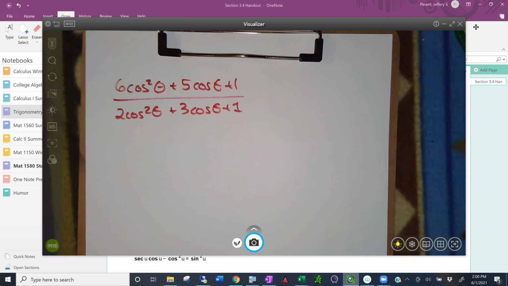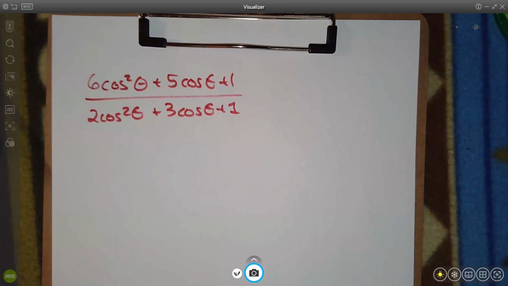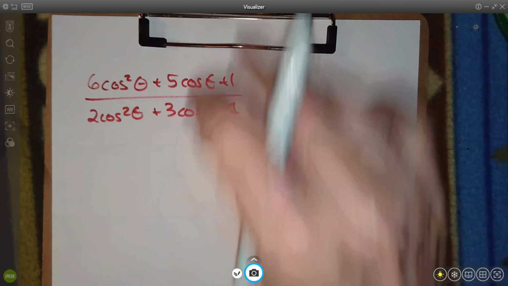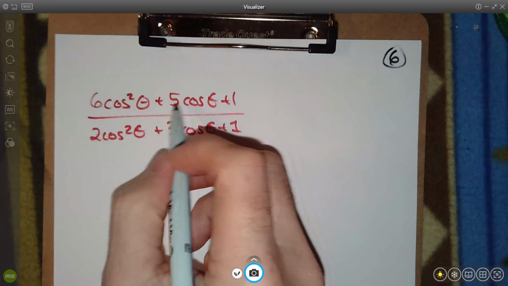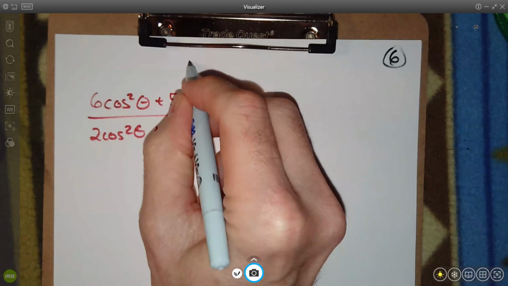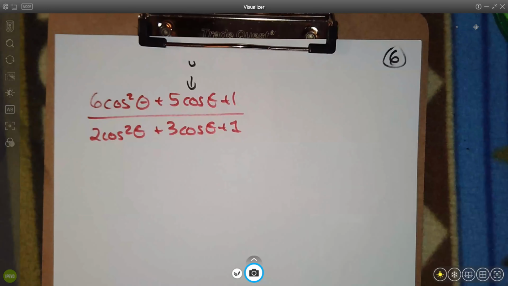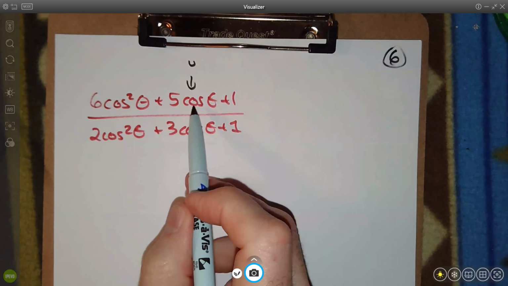Now the goal here is to simplify this, except a lot of you, I think, would probably be uncomfortable trying to factor something like this. So let's just do a little trick here for ourselves. This is a problem that looks quadratic in form. And my suggestion is that let's just replace cosine of theta with a u.